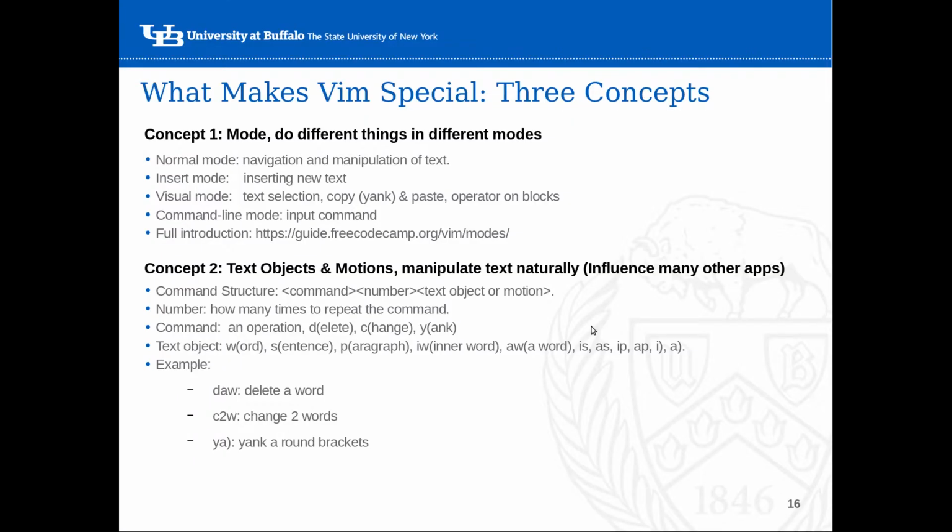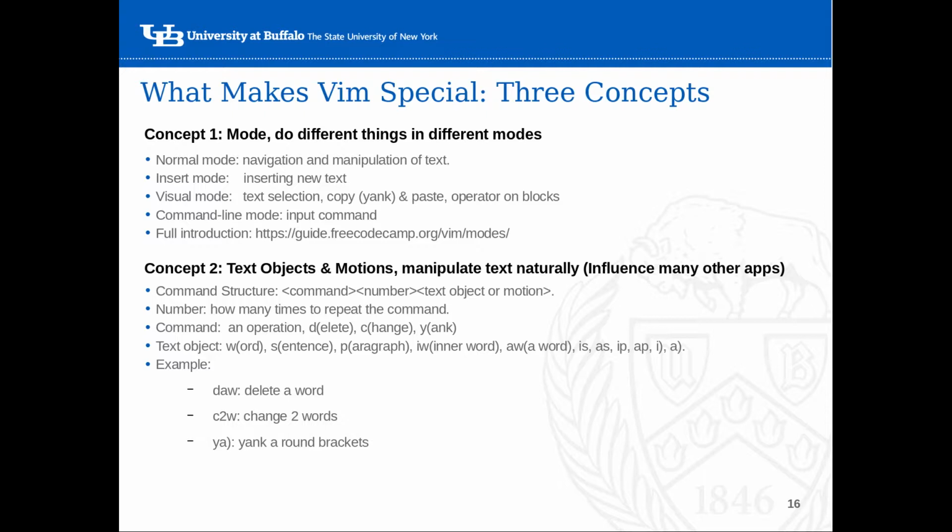So this is the second concept called text objects and motions. I think the most important feature of this concept is that once you learn a few words, like the word for the operation and the words for the different text objects, then you can compose them yourself to do a lot of different things.